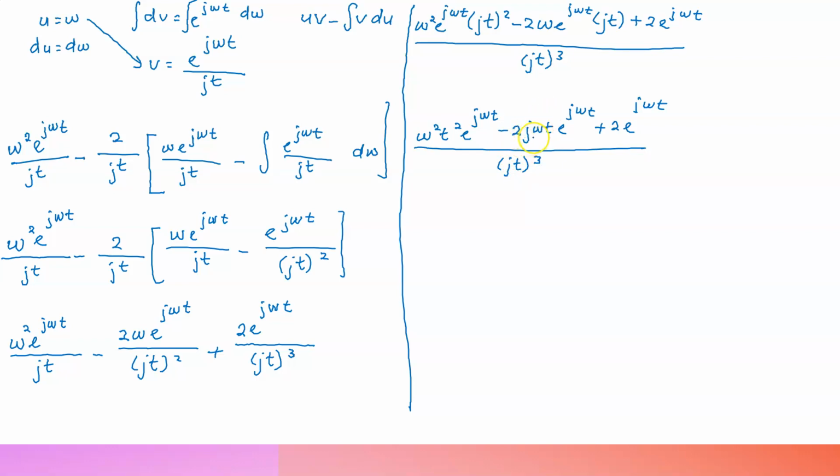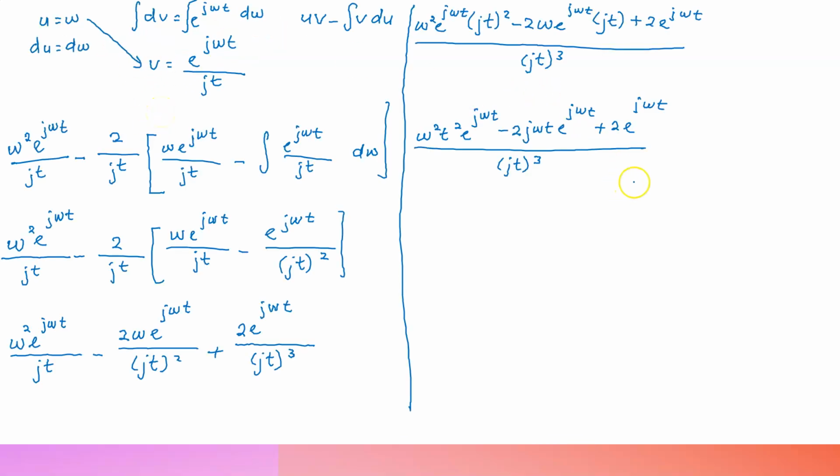Now you have to put this back in the original equation. If you still remember, we have x of t. Let me just open a new page.